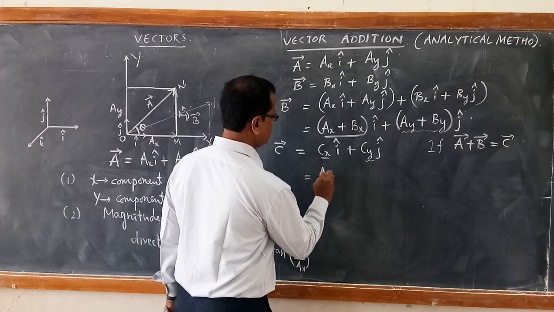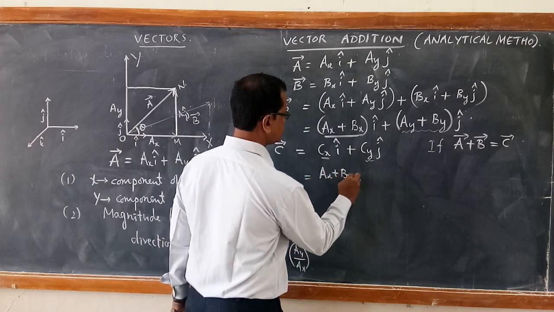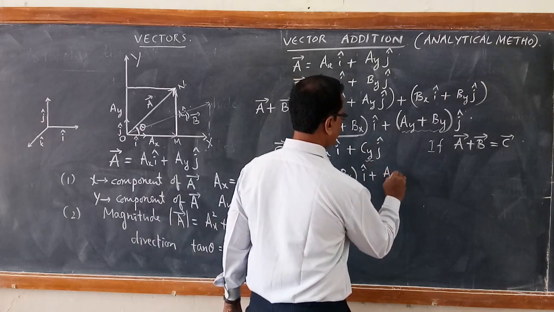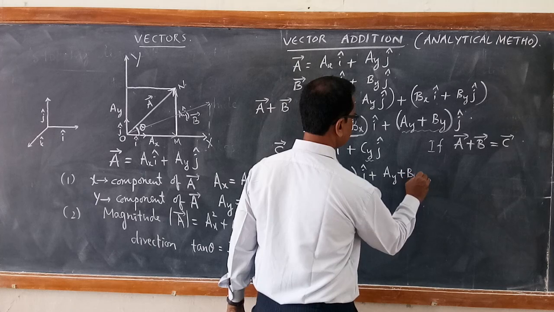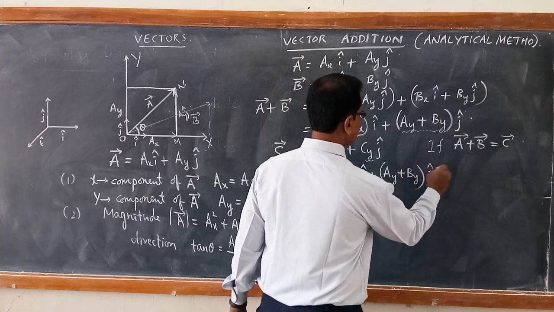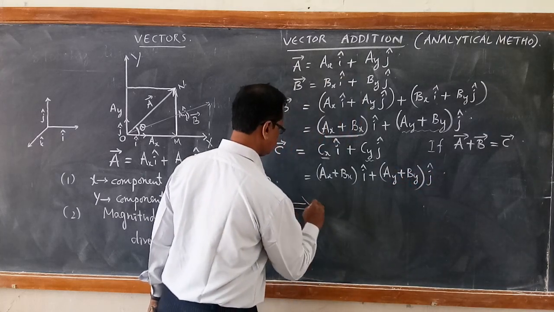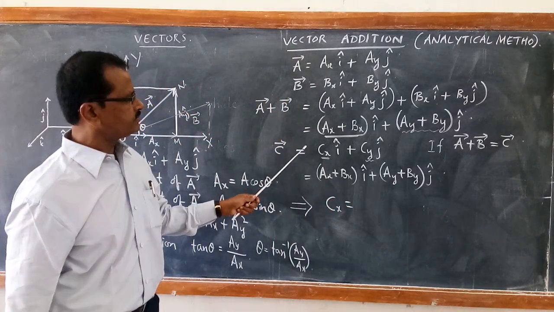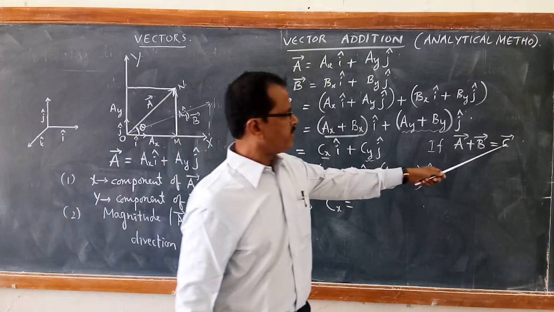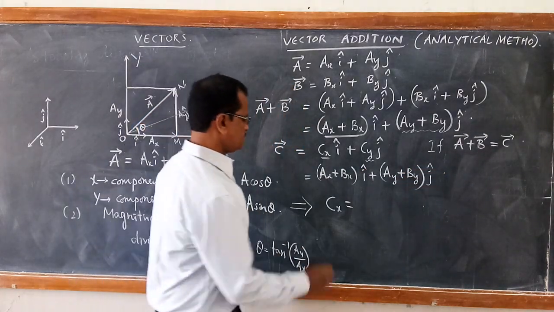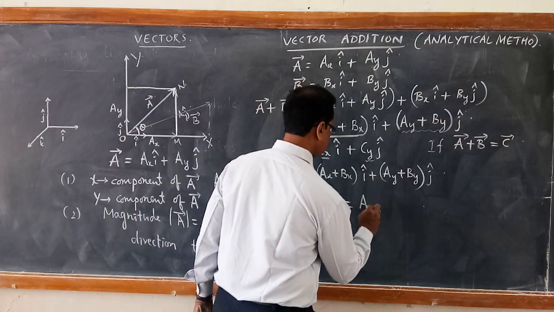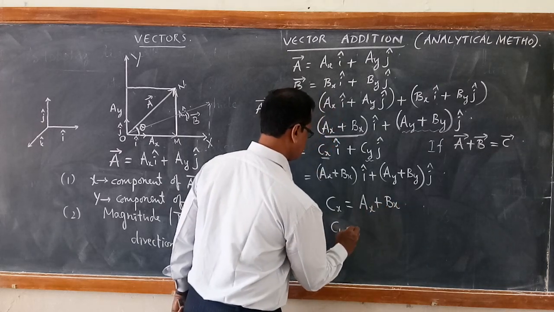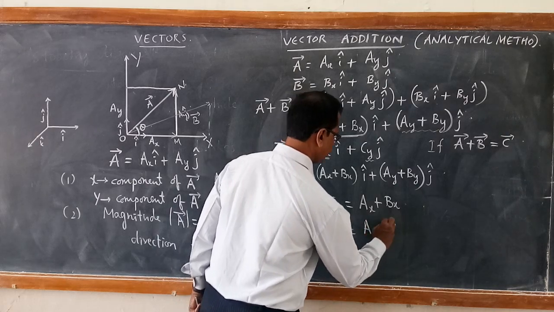This implies the x component of the resultant vector C is cx equal to ax plus bx, and cy is equal to ay plus by.